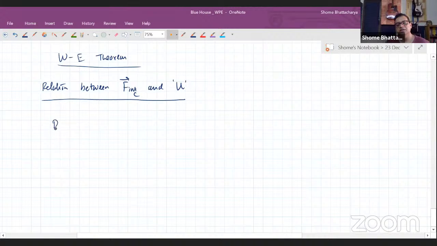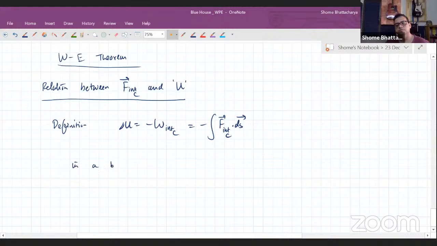So you already seen the definition that change in potential energy is negative of work done by internal conservative force, or minus of F internal conservative dot ds. So suppose we have a one-dimensional system. Suppose we have that.